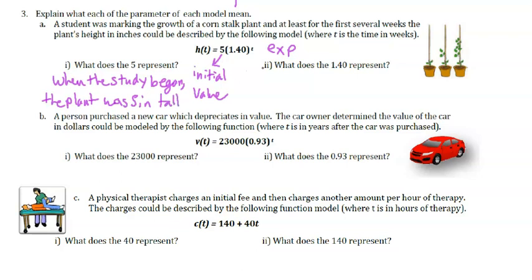And then what does the 1.40 represent? That's the growth factor. That basically means that the plant will grow by 40% of its height each week.